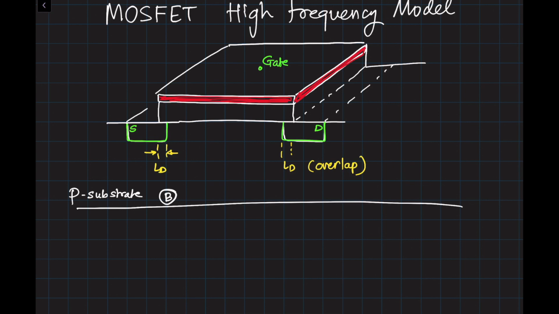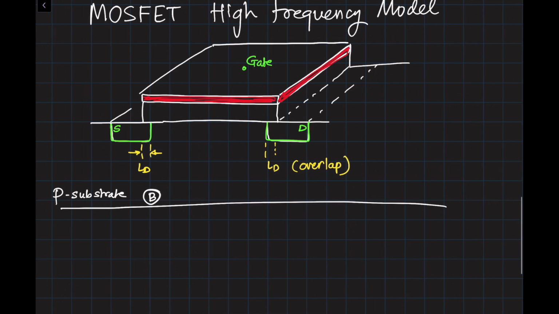So this is the way the MOSFET cross section looks in 3D. Now let's draw the symbol for the device, and then we will try to infer from that which capacitance goes from where.